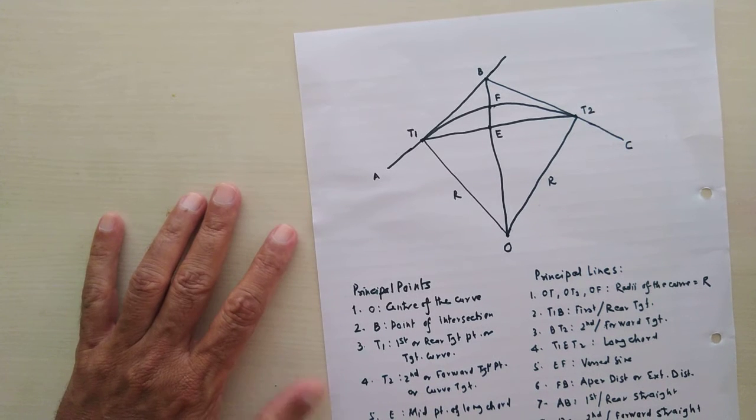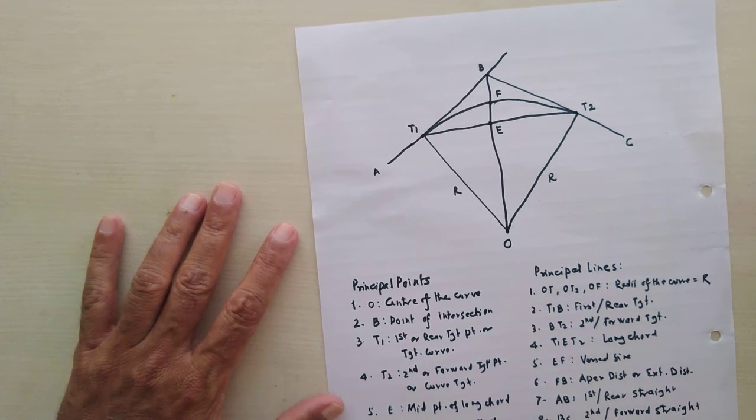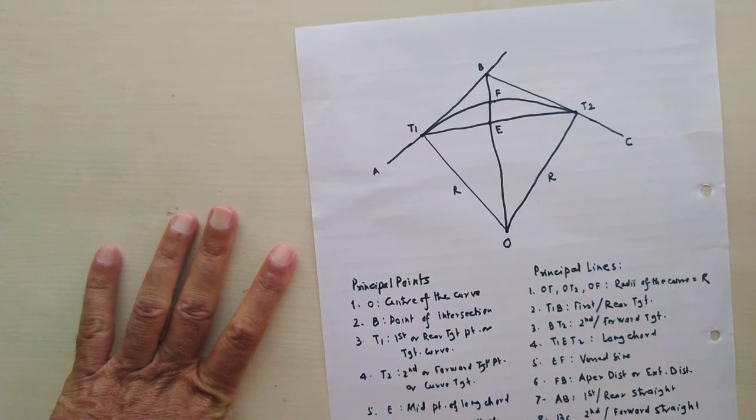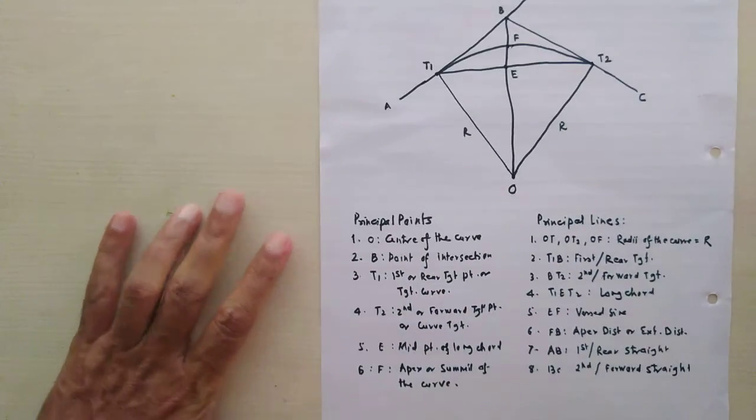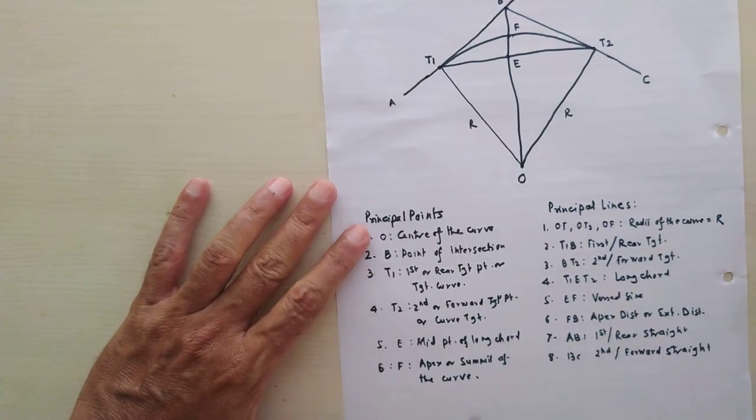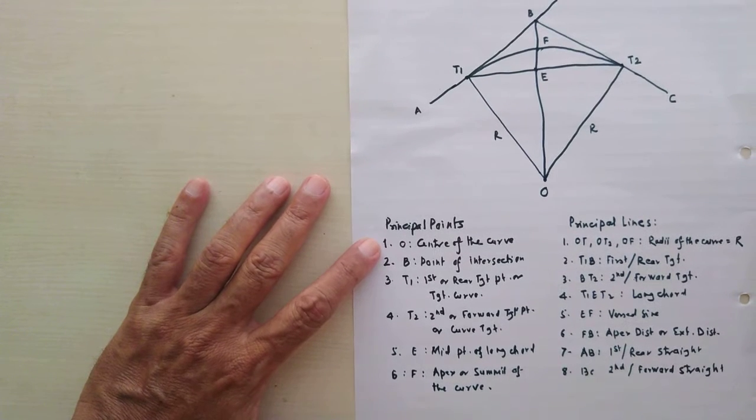So these are 8 principal lines in respect of any simple circular curve. Now we have to discuss the next point, that is principal angles.